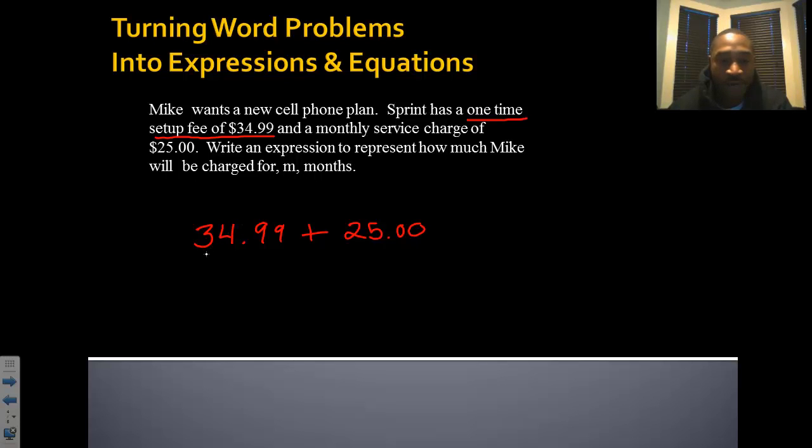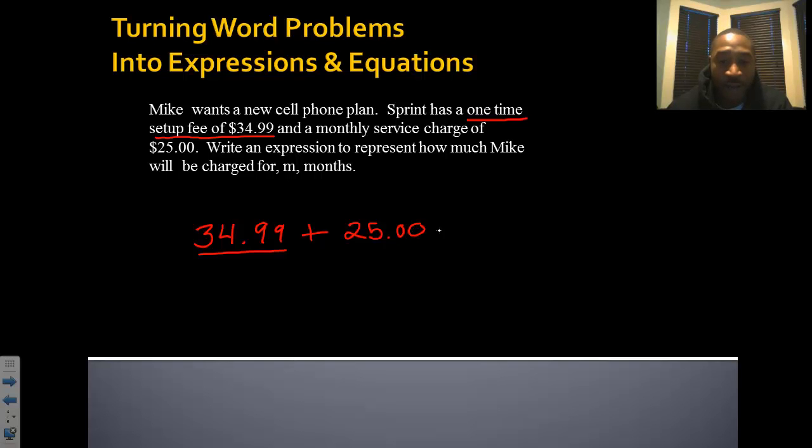Now, this $34.99 I only have to pay one time, but this $25 I have to pay monthly. So that means I have to pay this every month. Now, I don't know how many months Mike's going to have the cell phone for. Maybe he'll have it for 1 month. Well, if it's 1 month, I could just leave it 25 because that's 25, 1 month, and that's it. But what if he keeps it for 2 months? Then that's going to be 25 two times, which is 50. Well, what if he has it for 5 months? That's going to be the $34.99 one time and then $25 times 5 months.